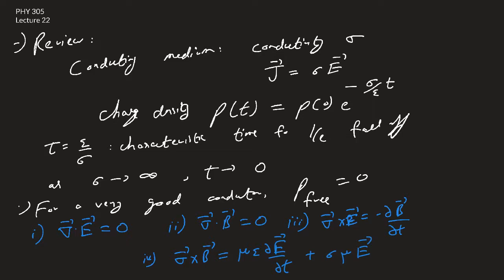Using these Maxwell equations we found the wave equations, which for the electric field was that del squared E equals mu epsilon del 2E by del t squared plus mu sigma partial E by partial t.